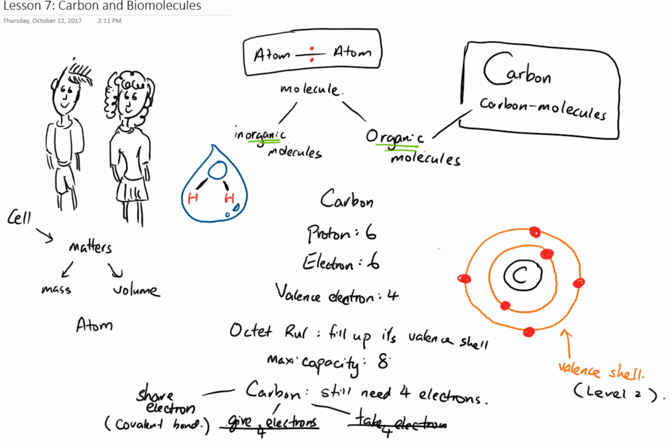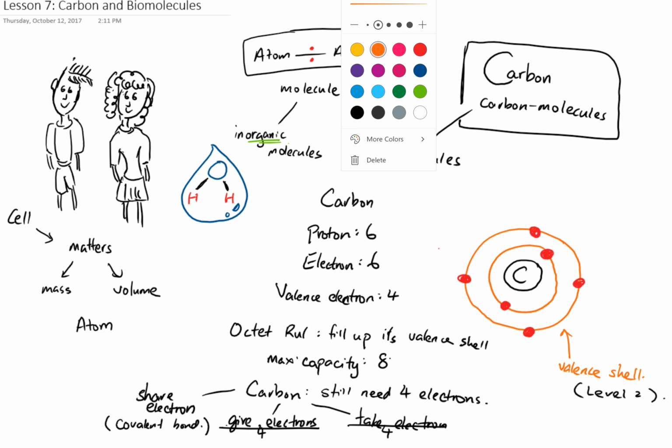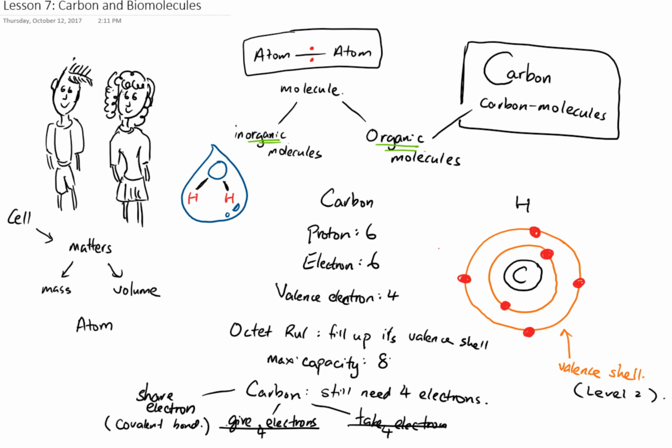So as you can see, in this particular model, this carbon can share 1 electron with, let's say, hydrogen, right? A hydrogen would have 1 valence electron. So let's not just share with 1 hydrogen, let's share with 4 hydrogens. So now I will have 4 hydrogens sticking to this carbon.